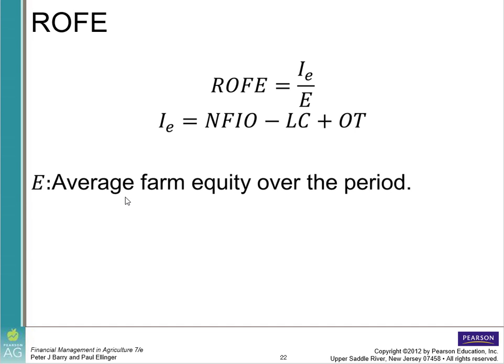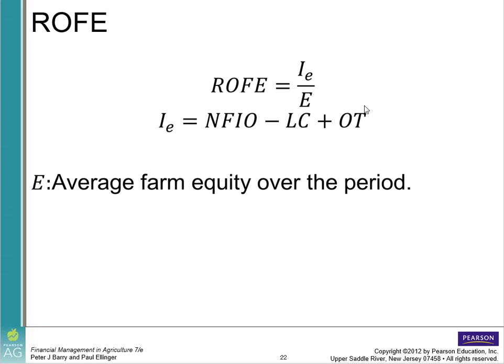Okay, so remember, we have average farm assets and then average farm equity. They're different things, and everything is again coming from that equation where assets equals liabilities plus net worth or owner's equity. They can be used interchangeably. It's the same thing.